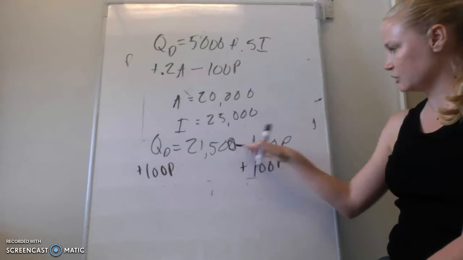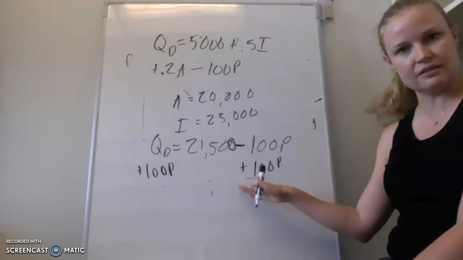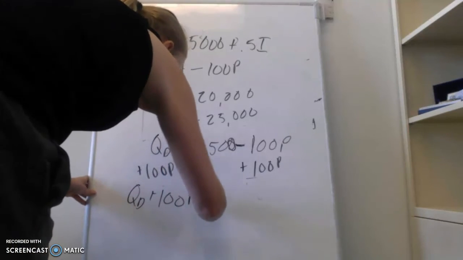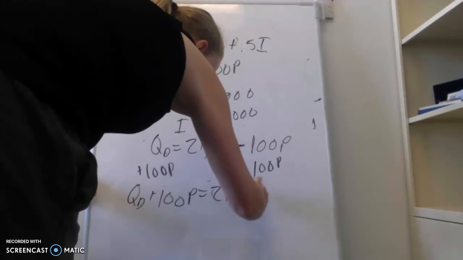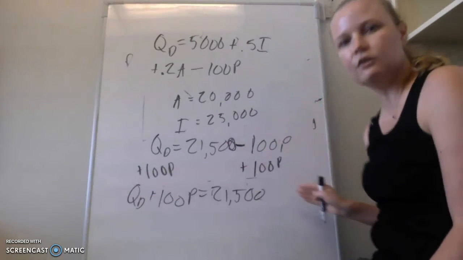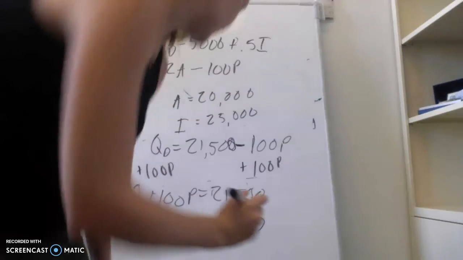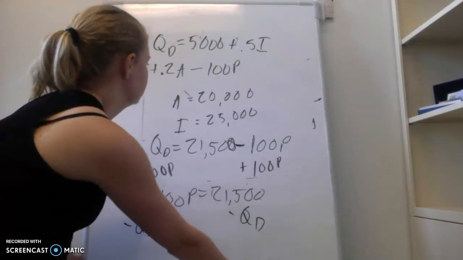Now this is minus 100 plus 100, that cancels out. And over here, I've got QD plus 100p is equal to 21,500. Now I want to get QD over on the other side, so I'm going to subtract it from both sides. Minus QD.